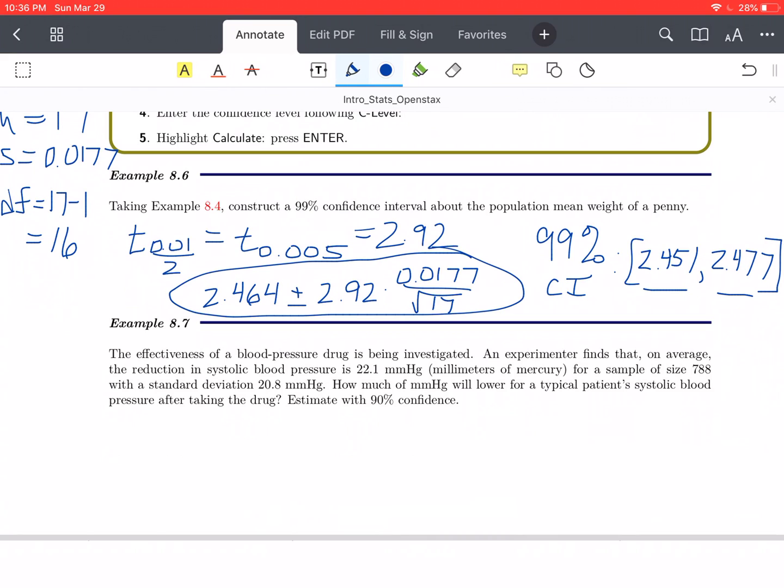So let's look at what we've been given. We know that on average the blood pressure is reduced 22.1. So that means X bar is 22.1. Sample size is 788, so N is 788.